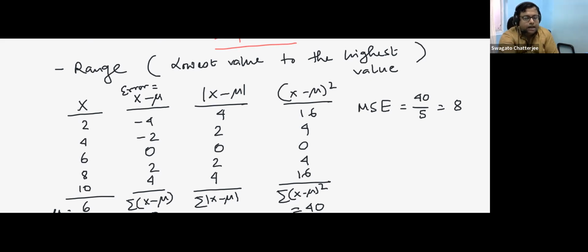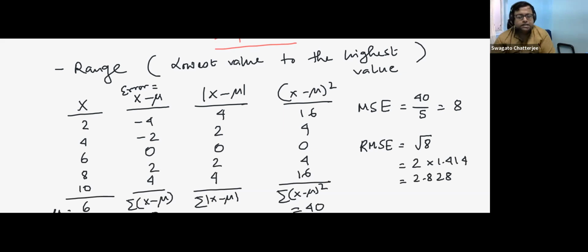Because I've squared it up, let's say 2, 4, 6, 8, 10 was your income, lakhs per annum. Then after squaring it up, it becomes lakhs per annum square. So to bring it back to lakhs per annum again, I have to take a square root. So I take the root mean square error, which is square root of 8, which is 2 into 1.414, so 2.828, something like that.